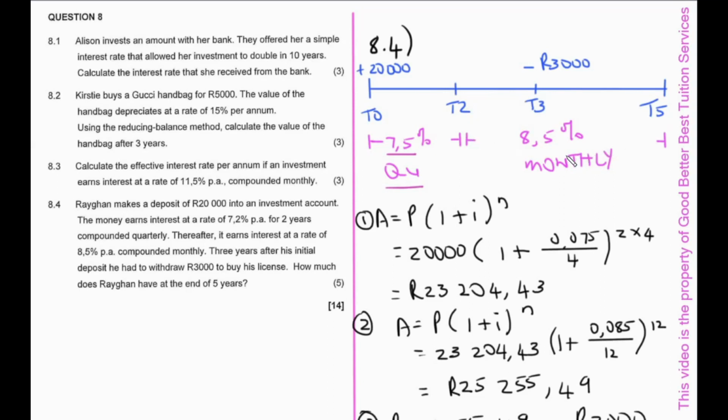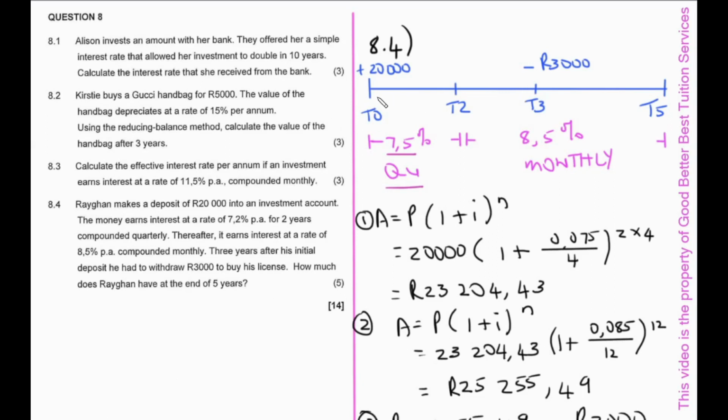It changed to 8.5% monthly. But 3 years after his initial investment, he withdrew 3,000 Rand. So what we are going to do is separate the sums into different sections.